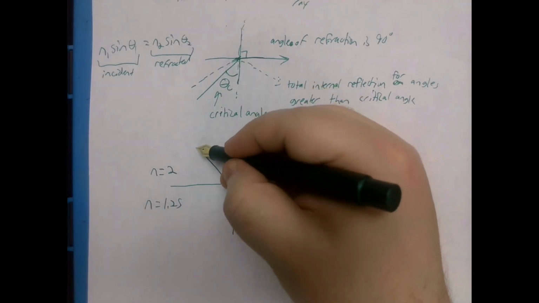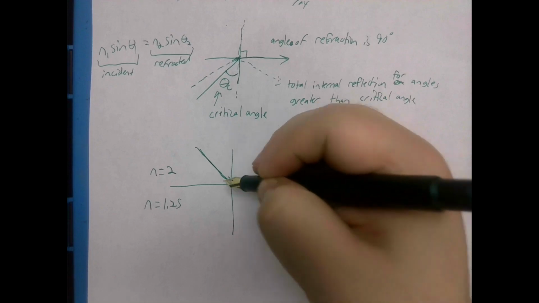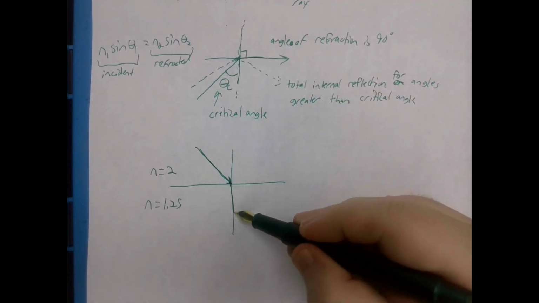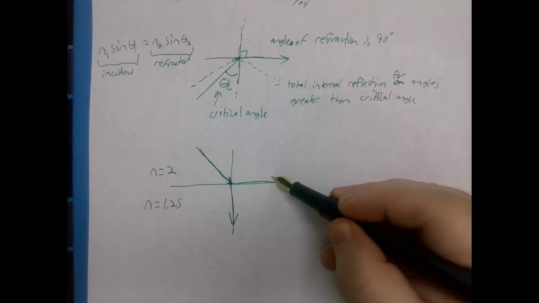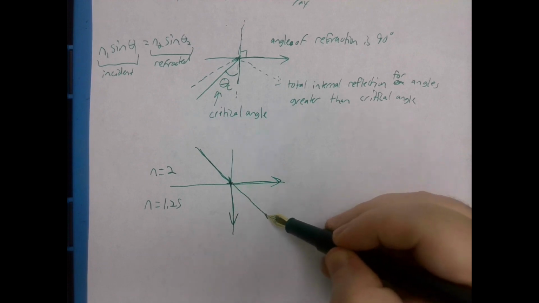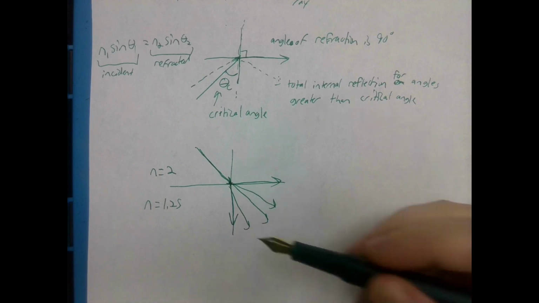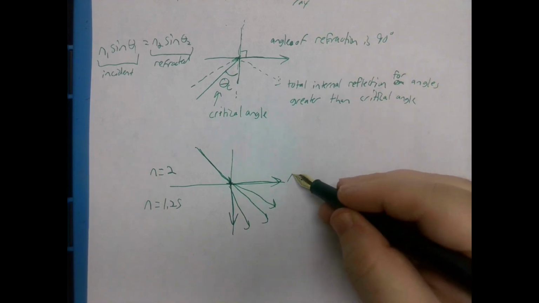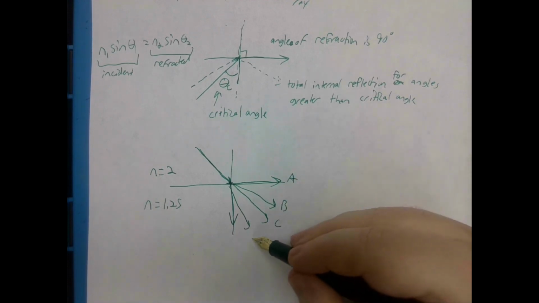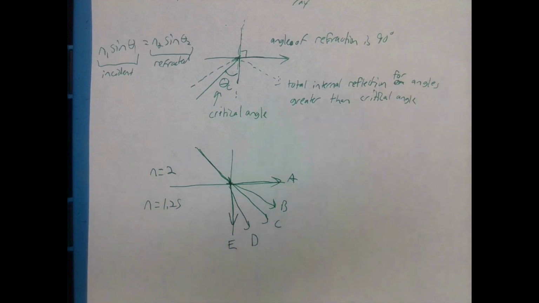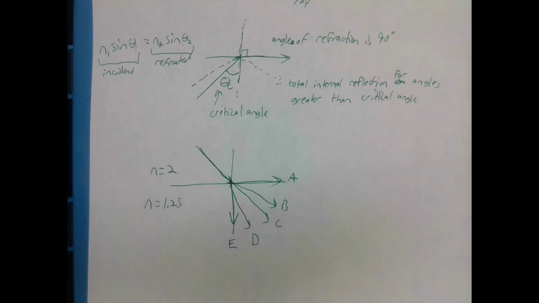So here is an incoming ray. It could either go straight, or bend upward, or bend downward. I'll say this is A, B, C, D, E. Which of these lines is the correct path?